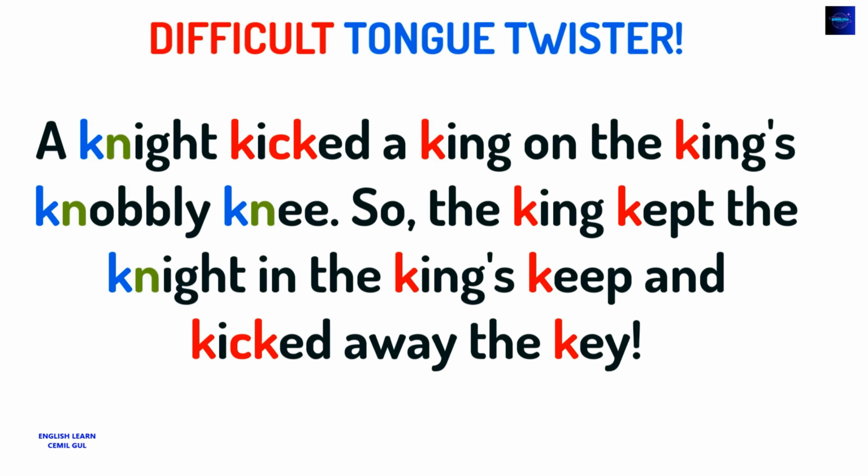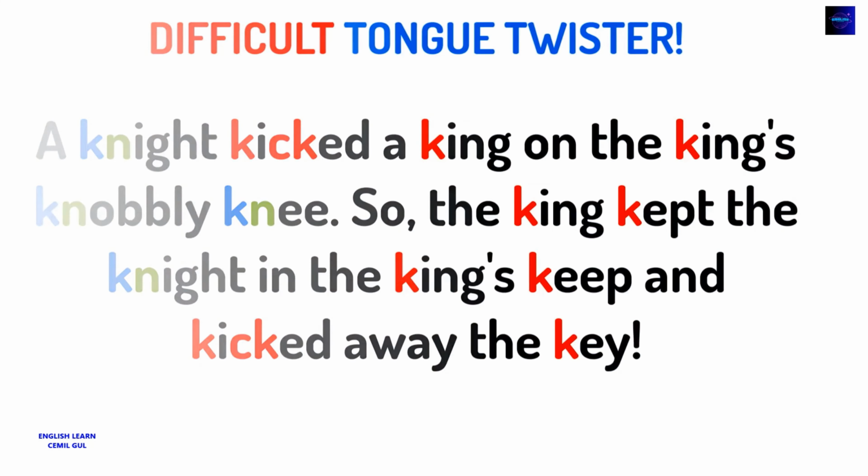One more time. A knight kicked a king on the king's knobbly knee. So the king kept the knight in the king's keep and kicked away the key.